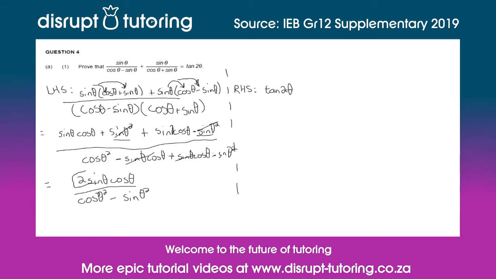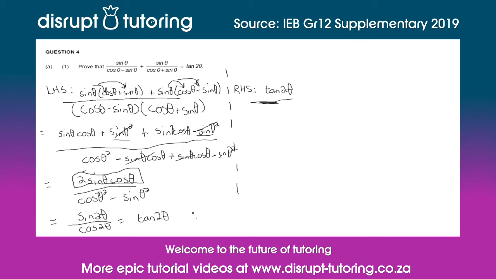Okay, this is actually then found in your formula sheet, which is sine of 2 theta, straight from your formula sheet, and the denominator is also in your formula sheet, where cos squared of an angle minus sine squared of an angle equals cos of 2 theta, and we know that sine over cos is tan of that angle, which is 2 theta, which equals your right-hand side.